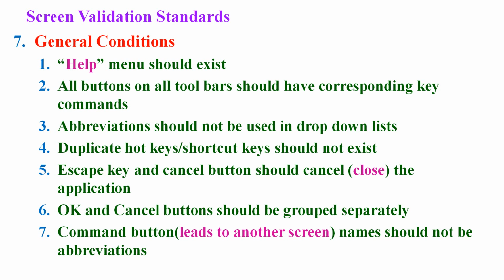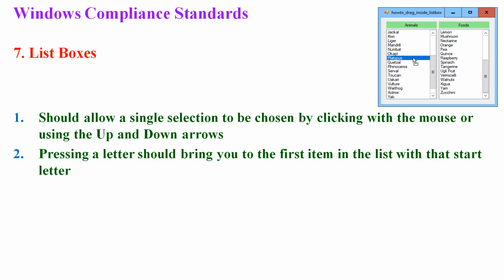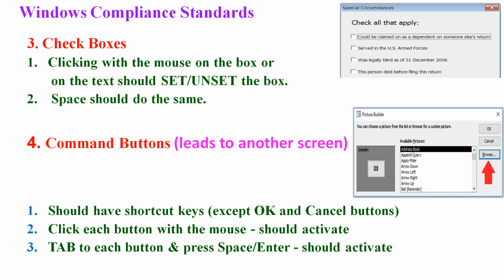And the command button names should not be abbreviations. For example, this is a command button, right? Now here, browse is there. So the name of this command button should be mentioned fully without any abbreviation.